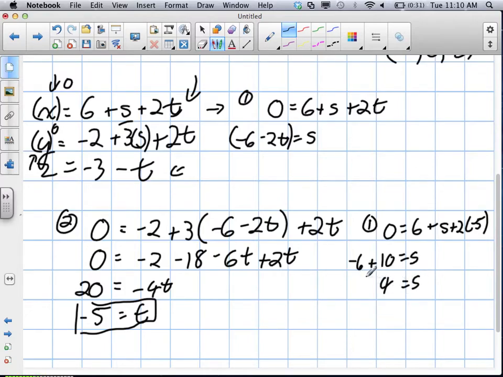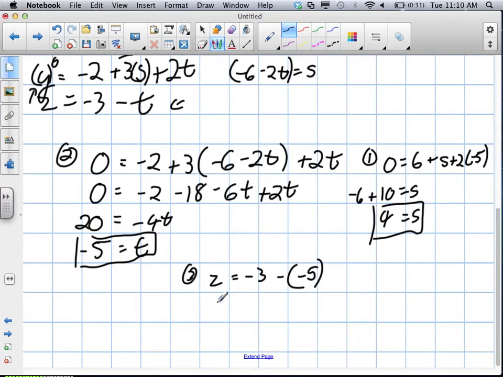Okay. We would now have two variables, and we move into our third one, where we're still trying to find z. z is equal to negative 3 minus, and in this one it's just negative 5. Negative 3 plus 5, z equals 2. So this plane intersects the z-axis at 0, 0, 2.